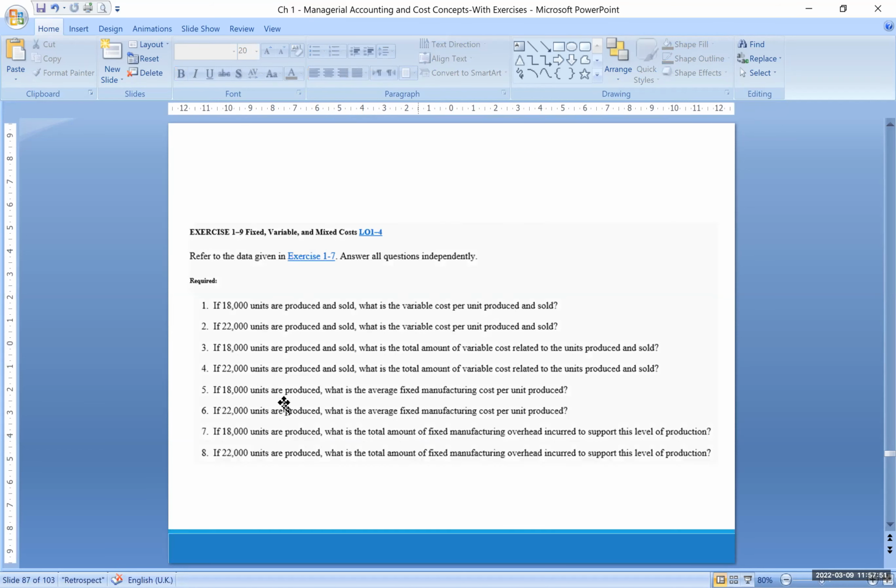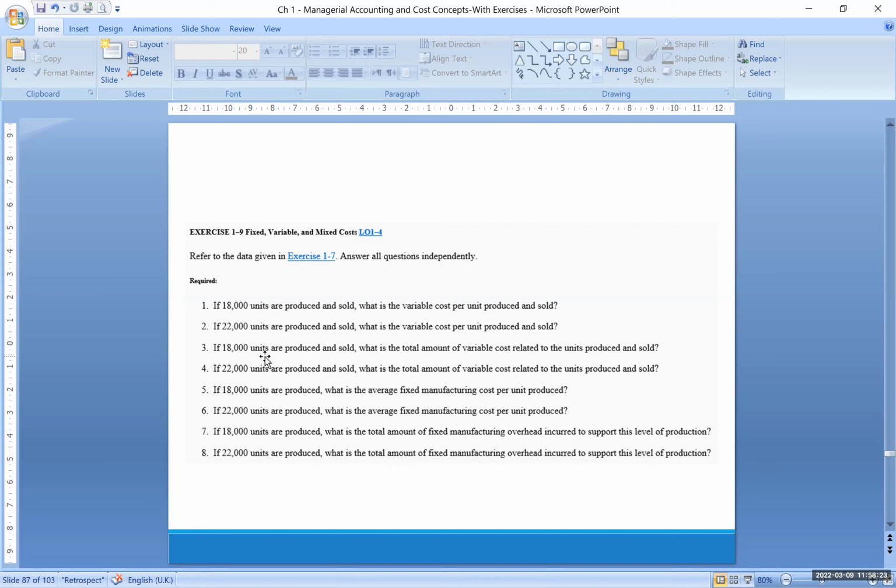Number three, if 18,000 units are produced and sold, what is the total amount of variable cost related to the units produced and sold? Simply, the answer from number one was 14. So the 14 multiplied by 18,000 units, and the answer will be the total variable cost.